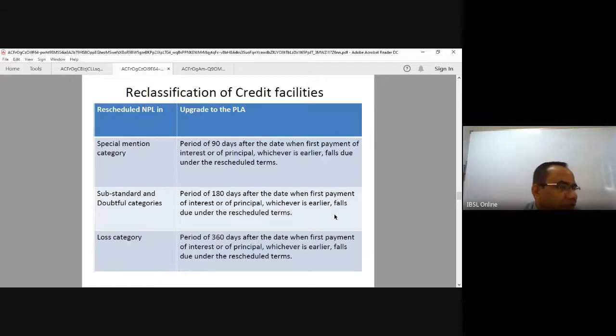So you need to wait for a particular period based on where the loan was before you rescheduled, right? That's the crux of the thing. Whichever of these stages it was in before rescheduling, for that period you have to wait before you make it a performing advance.